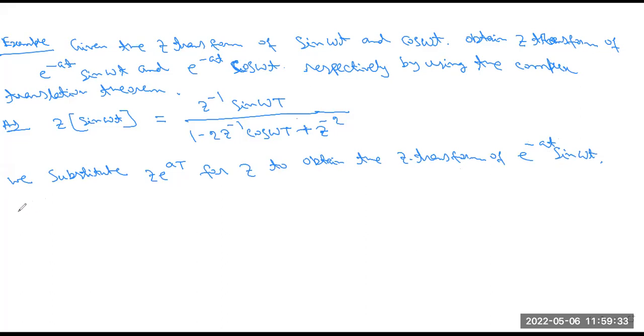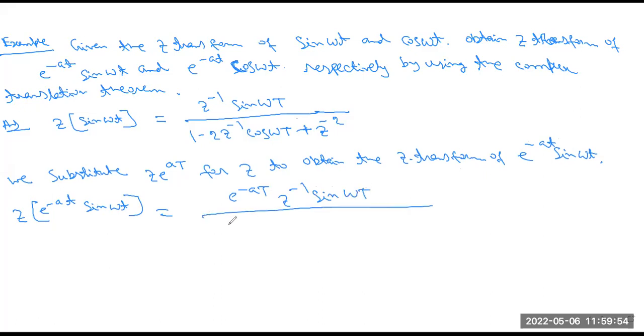So now the function is written: the jet transform of e to the power minus at sin omega t is e to the power minus at z inverse sin omega t divided by 1 minus 2 into e to the power at z inverse cos omega t plus e to the power 2 into at z inverse squared.